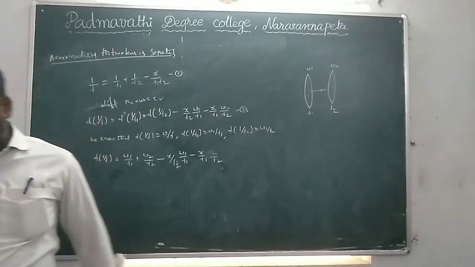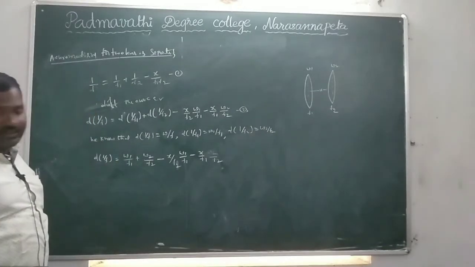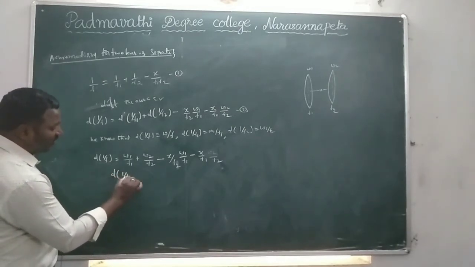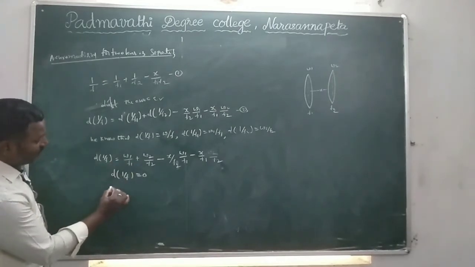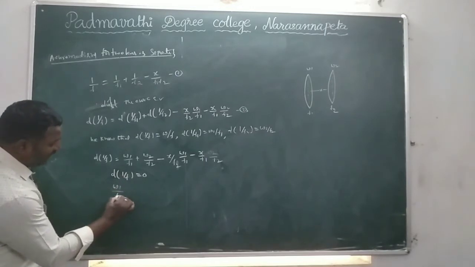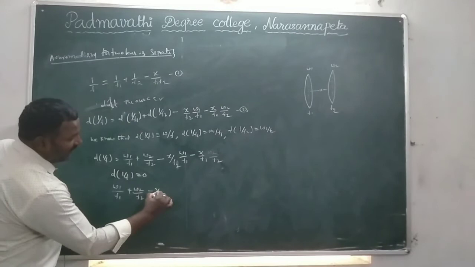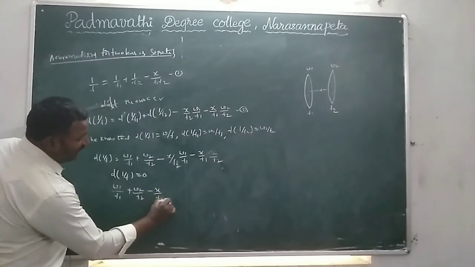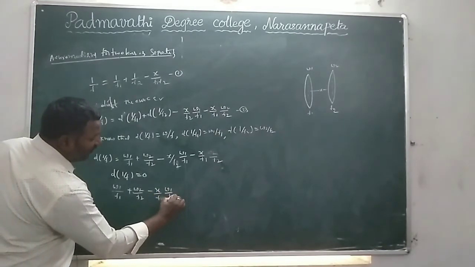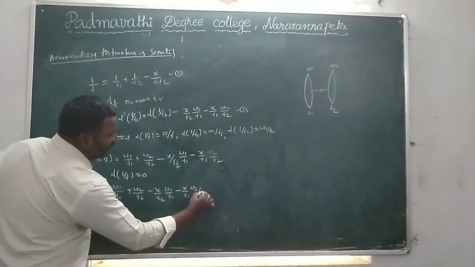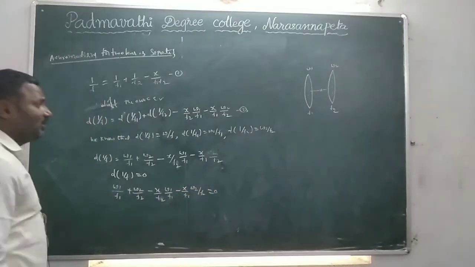For achromatism of two lenses, d(1 by f) equals 0. Now omega 1 by f1 plus omega 2 by f2 minus x by f2 into omega 1 by f1 minus x by f1 into omega 2 by f2 is equal to 0.